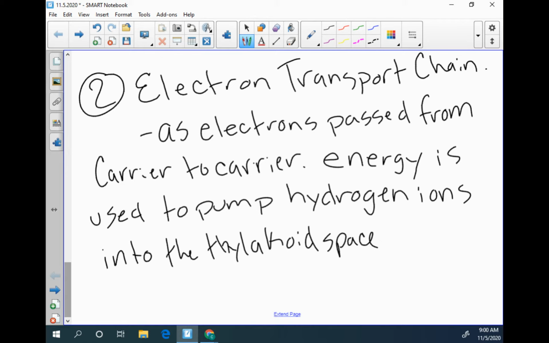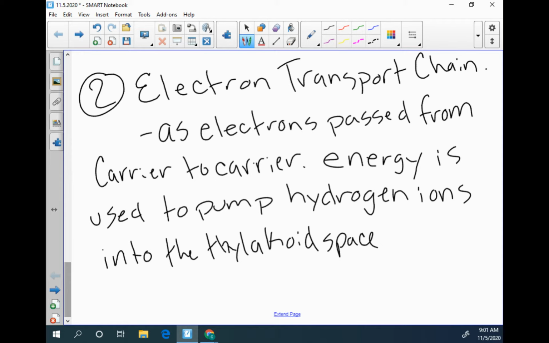And in that electron transport chain, they are going to pump hydrogen ions into the thylakoid space.